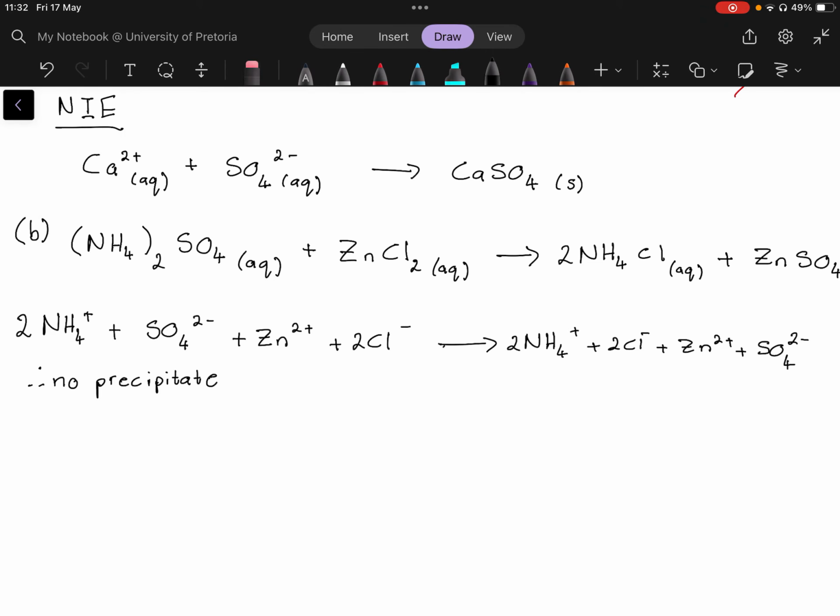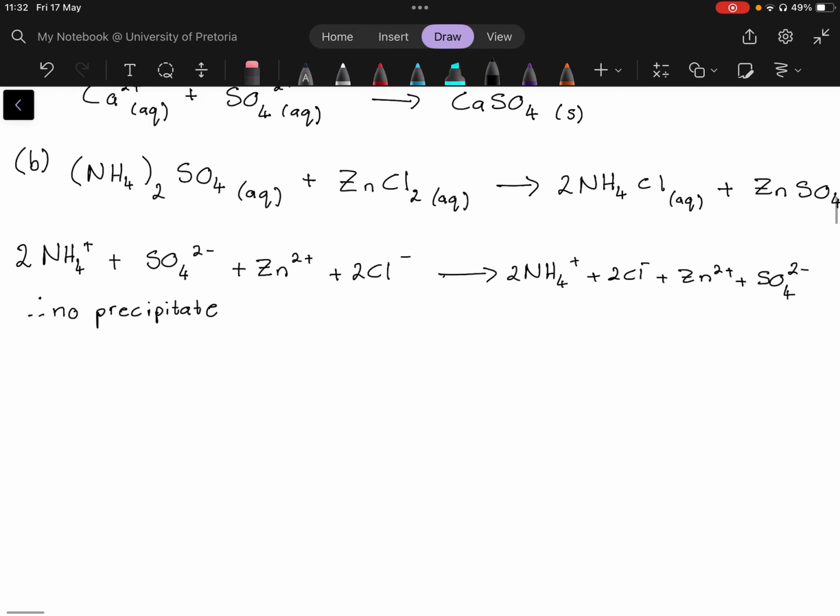And that means our net ionic equation is nothing. Therefore, net ionic equation does not exist. Because there's no precipitate forming, we only have a molecular equation.